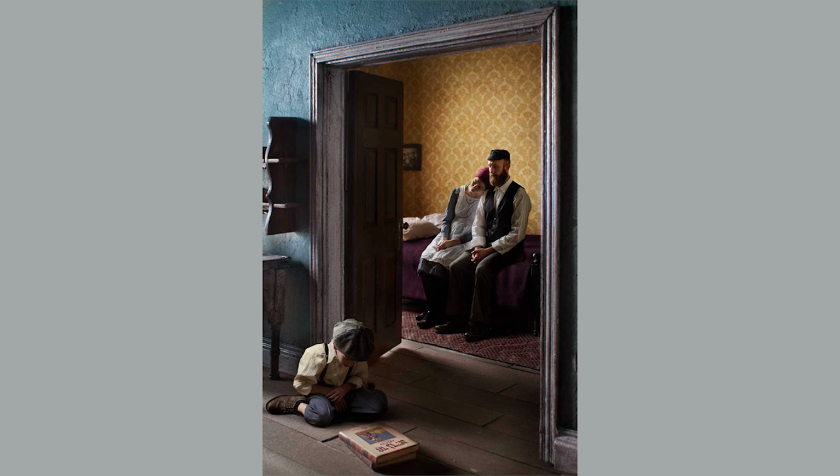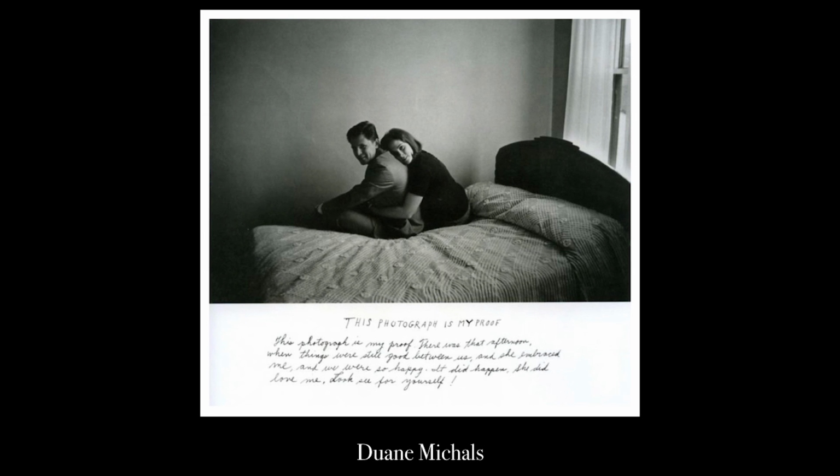Now, you wouldn't really know it unless I told you, but the idea for this photograph actually came from this photograph by Duane Michals, who I've always been a big fan of. He was a pioneer in this sort of staged storytelling work, and a lot of times he would add writing to it.